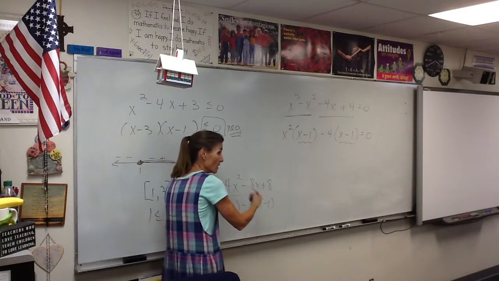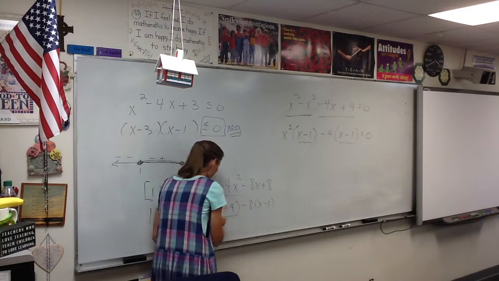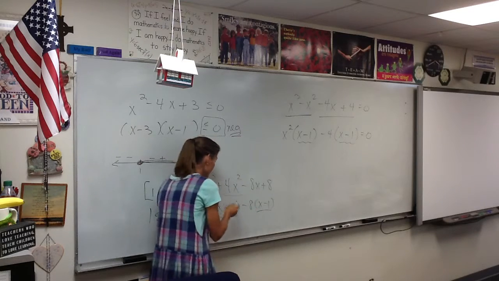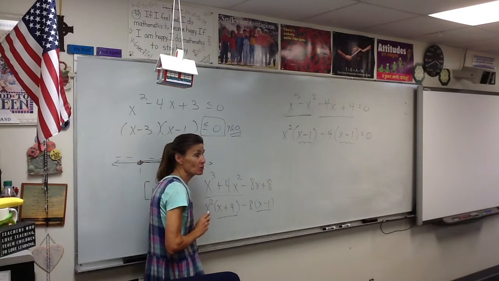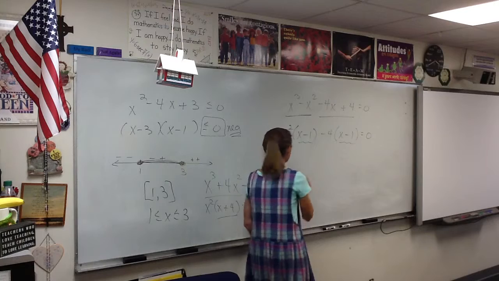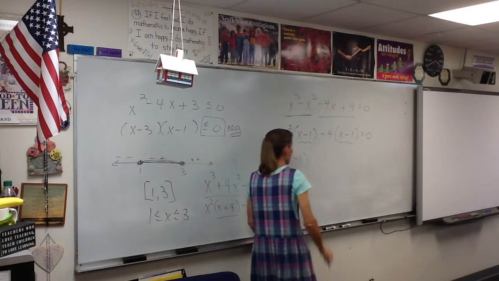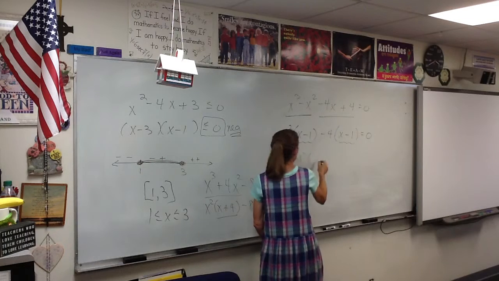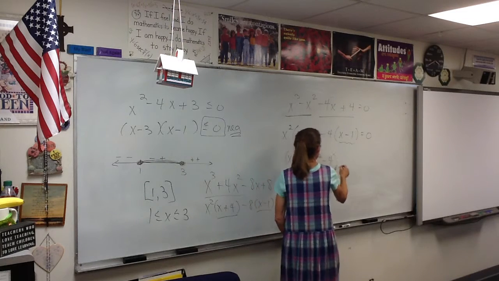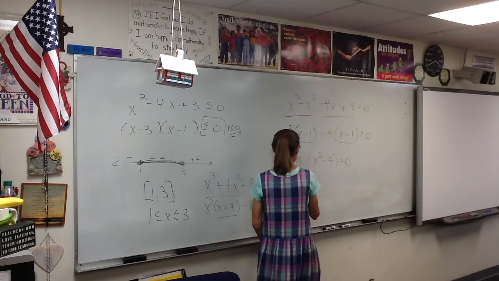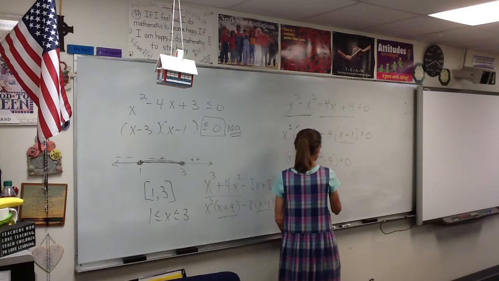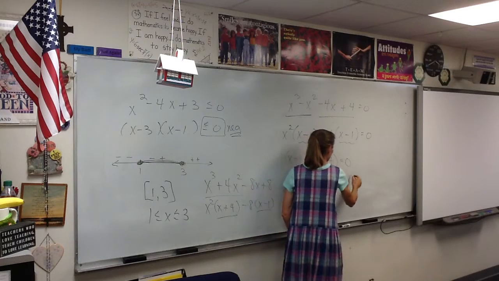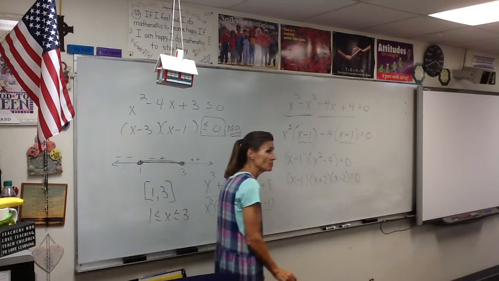You can almost always group, but it only serves you if those parentheses match. So ours do, so that's good. So we write it down. Write down the matching parentheses. What's left? X squared minus 4. And what about x squared minus 4? It's the difference of squares and factors like that, x plus 2, x minus 2.